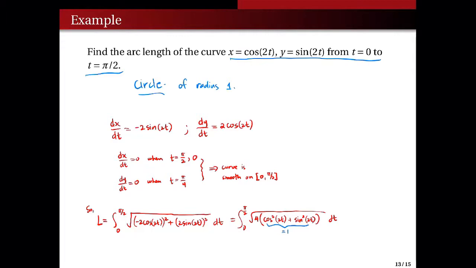So, what will happen in here? This guy will just have the integral from 0 up to pi over 2 of 2 dt.